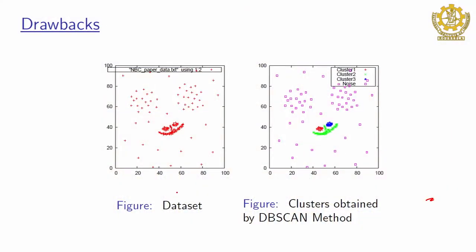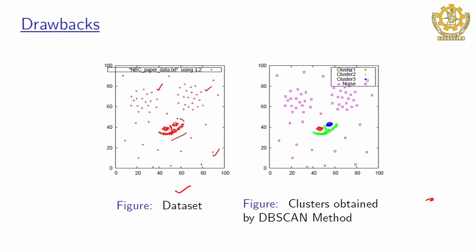That was the basic assumption, but here is the problem. This is the data set on the left side. In this data set you can see some points here, here, and then obviously here.